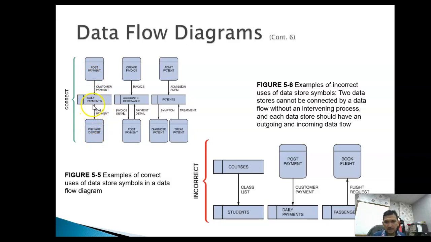To prepare deposit, we need to access data from daily payment. Create invoice is stored into accounts receivable, and we access accounts receivable to post payment. When we have done post payment, we store the data back into accounts receivable, which is called payment details data.